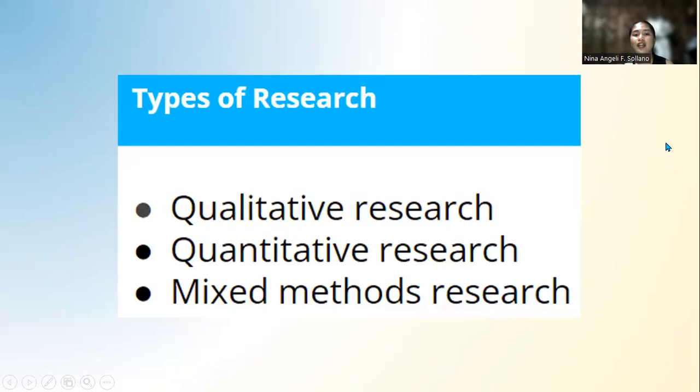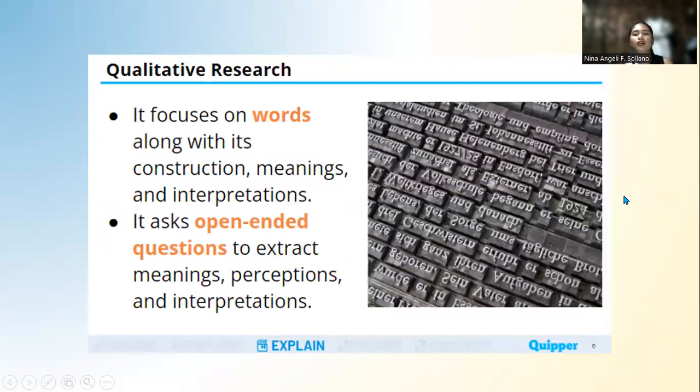So here are the types or the techniques of research. In Practical Research 1, we have to undergo the qualitative research. But we also have quantitative research and then the mixed methods research, or the quali-quanti research. Let's talk about qualitative research. In qualitative research, it is focusing only on words.